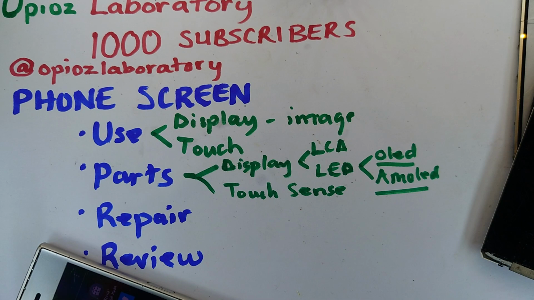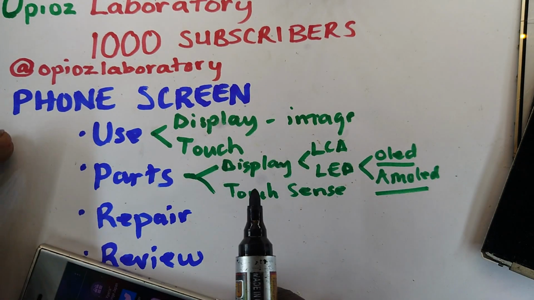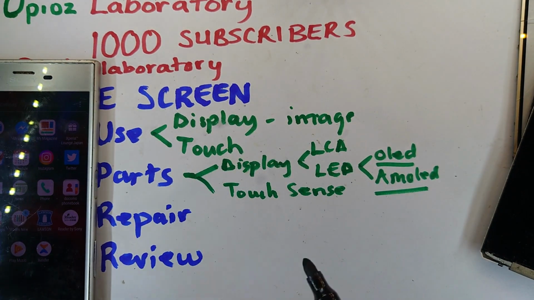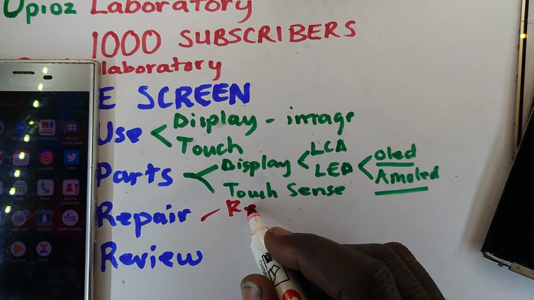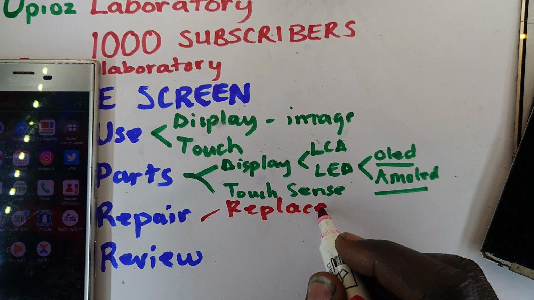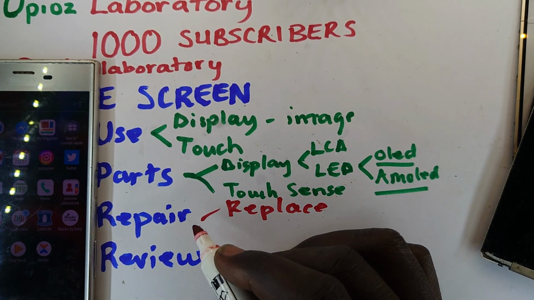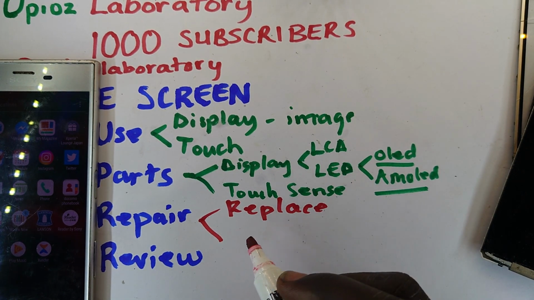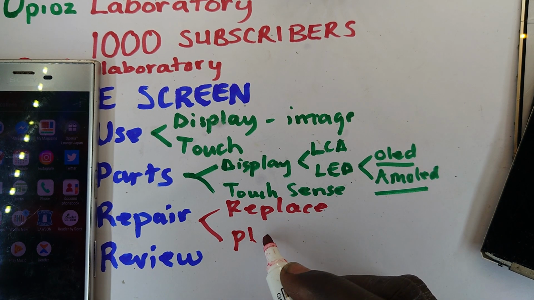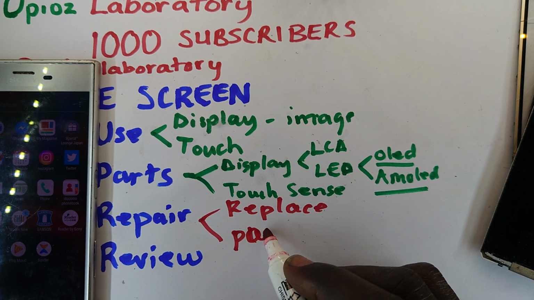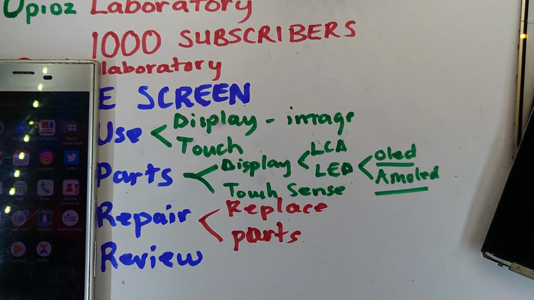Now, repair. How would we deal with repairing these smartphone screens? There are two situations that we normally deal with. One of the lazy ones is to simply replace the display touch assembly. Two is to replace only part of the screen.